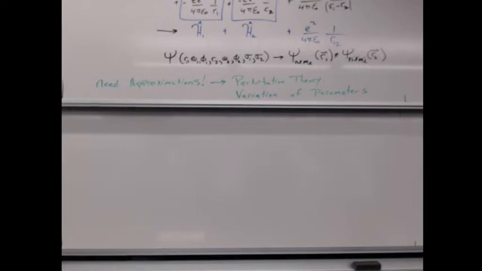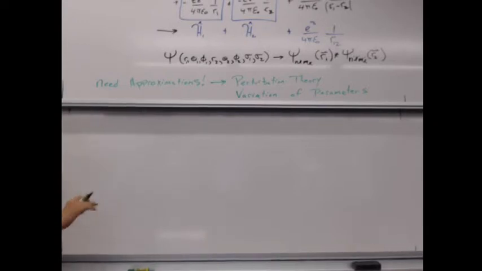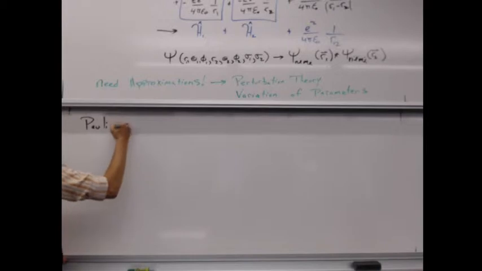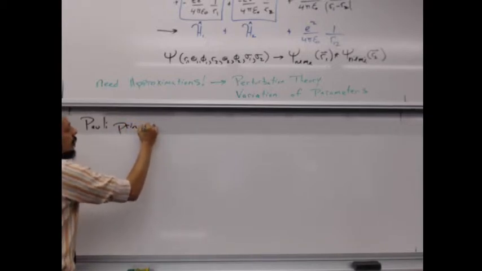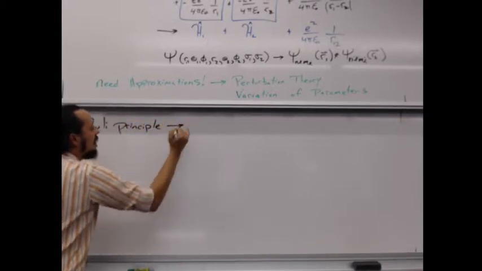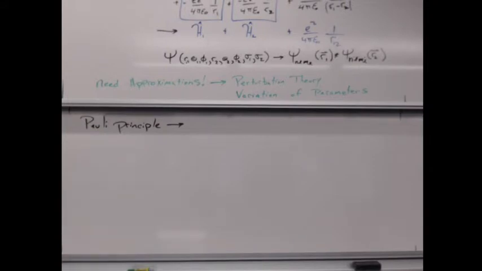But first, we've got to talk about what makes a good wave function and what makes a bad wave function. And particularly, we're finally going to derive the Pauli principle. So this is not the Pauli exclusion principle. This is just the Pauli principle. It is sometimes referred to as the sixth postulate of quantum mechanics.